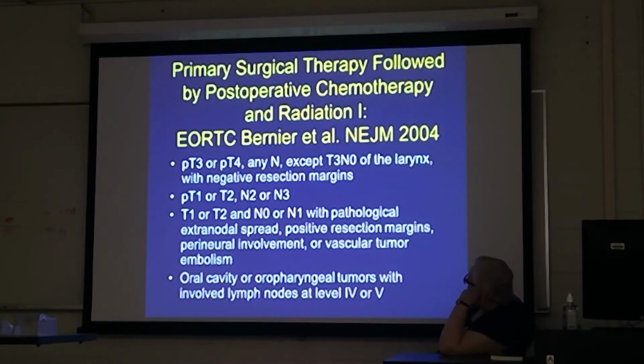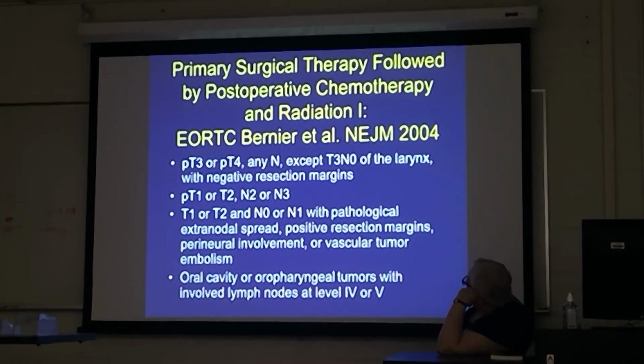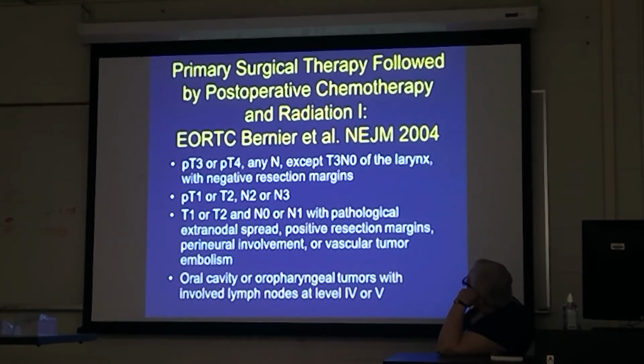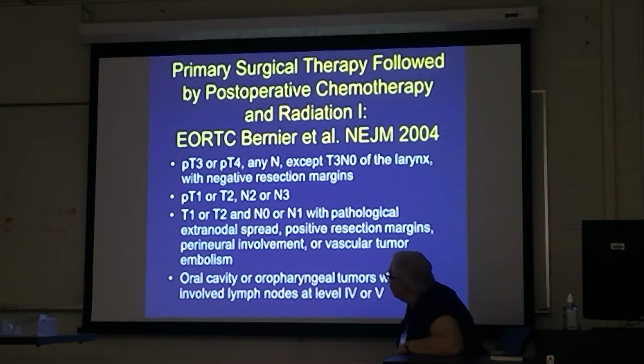And here's one: T3 or T4, any N, except T3N0 of the larynx with negative resection margins. So what does negative resection margins mean?